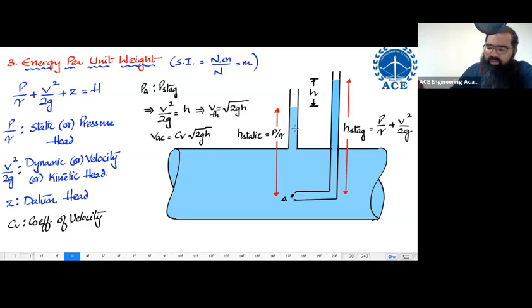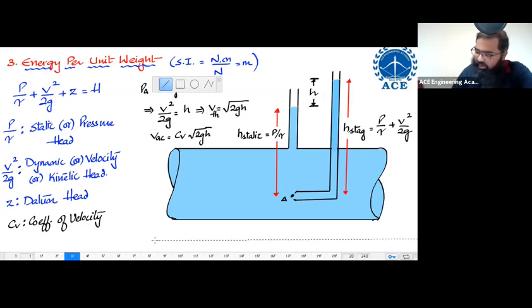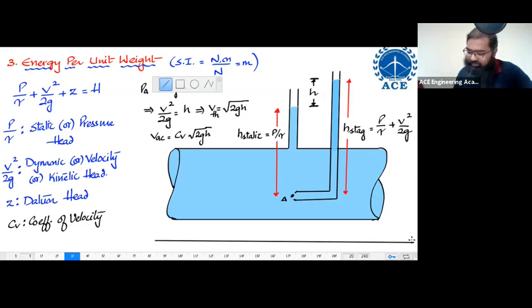Okay. One more thing I want you to understand is, imagine that I have chosen a particular reference level somewhere over here. This reference level I'm calling as my reference datum. At this particular level, the value of Z is equal to 0.